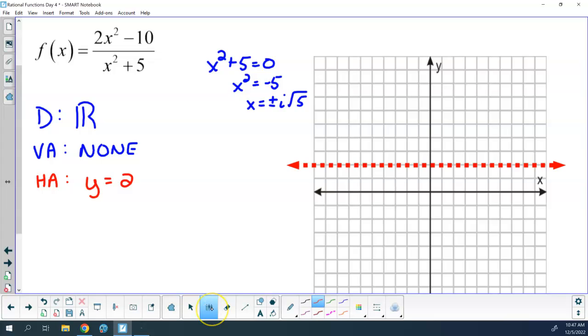Like it? Okay. Y-intercept. Plug in 0, right? If I plug in 0 on the top, I get -10 because the x term goes away. If I plug in 0 on the bottom, I get +5 because the x term goes away. -10 divided by +5 is -2.